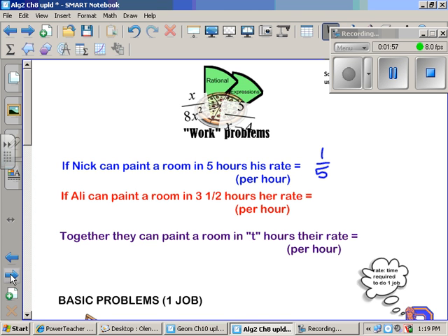Okay? Allie can paint a room in 3.5 hours. So in 1 hour, how much of the room could she paint? 1 over 3.5, right?